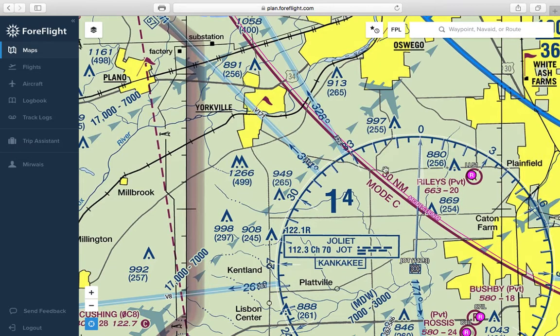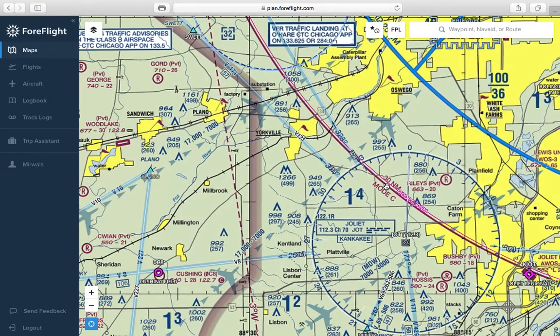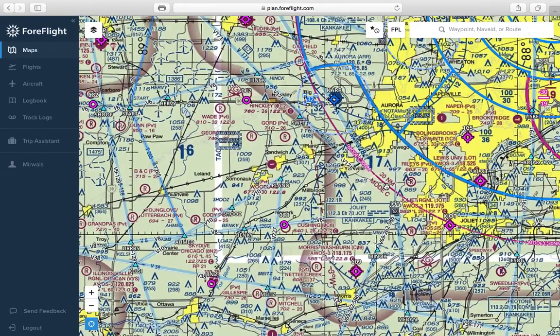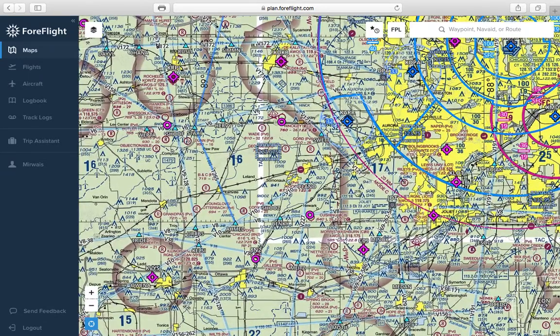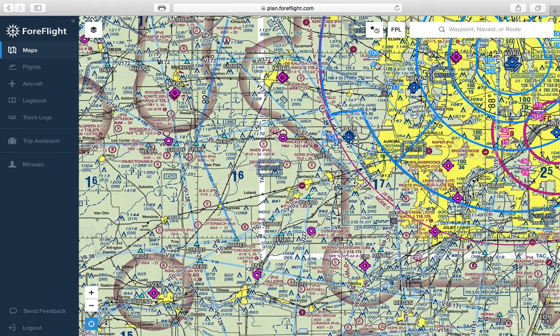It says 30 nautical mile Mode C, and for a private pilot to enter this airspace, right up here, Bravo starts from 4,000 MSL to 10,000 MSL.